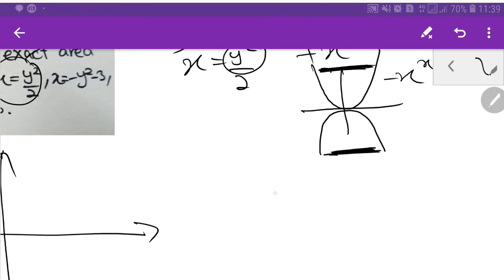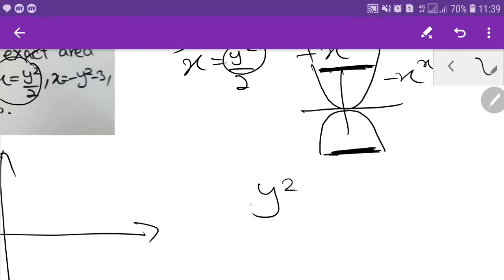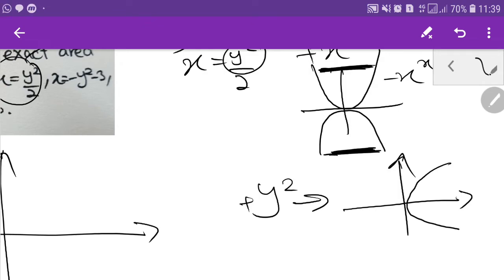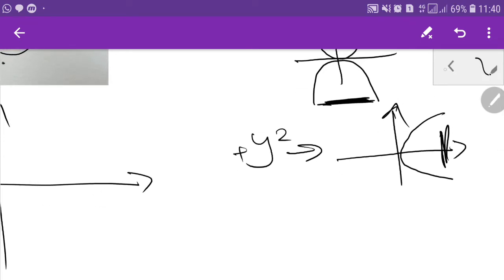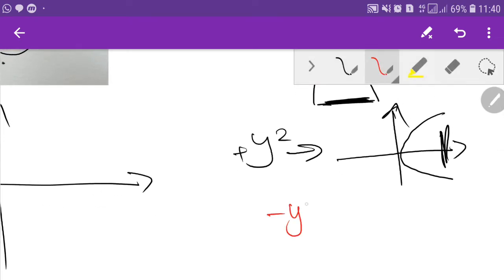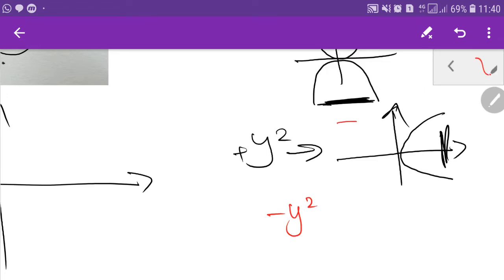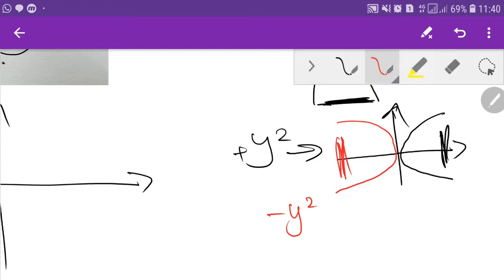So if it's y squared, if it's positive, then the graph should be like this. It's a curve that has an opening on the right hand side, while if it's negative y squared, it's a curve going through origin and has an opening on the left hand side.